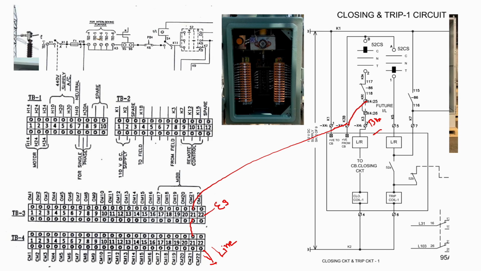My CM22 terminal will connect with the earthing switch 22. This is NO contact here, and this one is NC, and the outgoing wire from 22 will connect with TB number 426 here, this one.